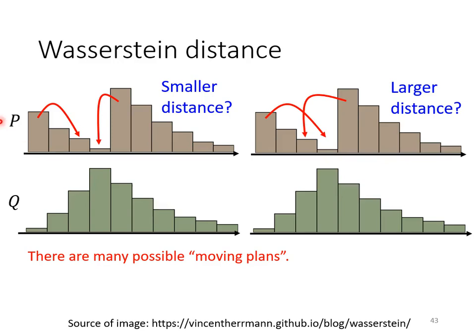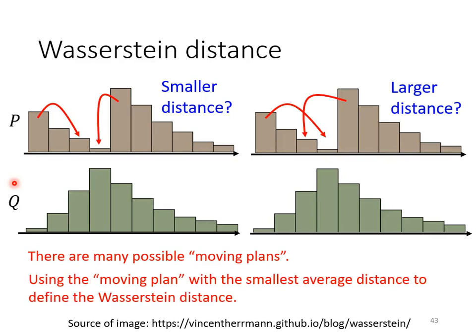For the Wasserstein distance between P and Q, will the value be different based on different ways for the bulldozer to travel? In order to make the Wasserstein distance have only one value, the definition of Wasserstein distance here is exhausting all the moving plans to see which bulldozing plan could minimize the average distance. The smallest value is the Wasserstein distance.